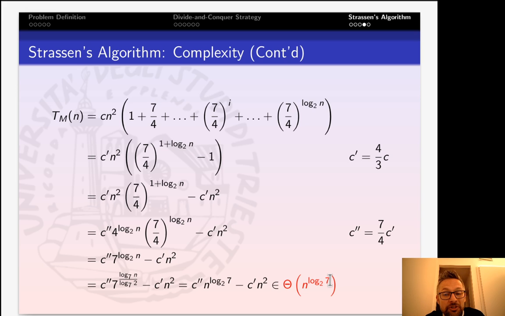Which is rather similar to the previous one, because the previous one was n cubed, which is basically theta of n to the power of logarithm base 2 of 8, not 7, but that really makes the difference.